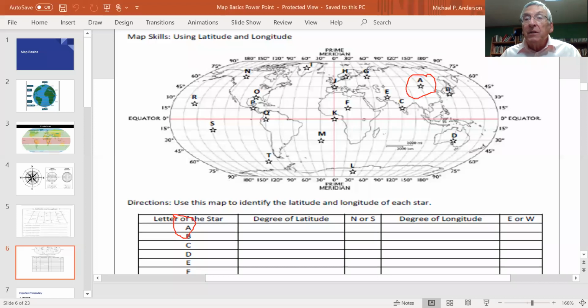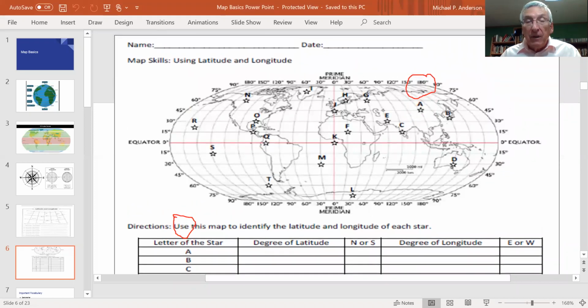Scroll that up just a little bit more so you can see. All right, we've got our grid coordinates written up here, across the top, and down the sides. You'll notice that the lines are every 15 degrees, but they're only labeled every 30 degrees. So here's 0 degrees. This is the prime meridian right here.